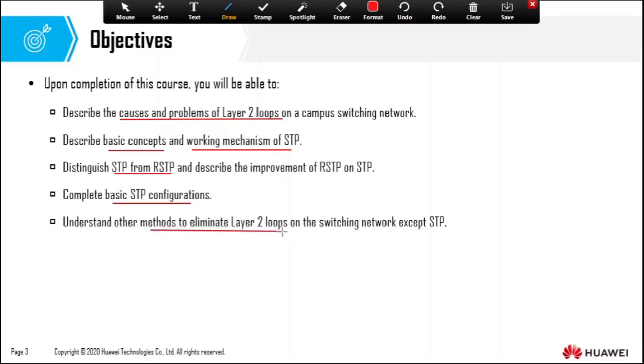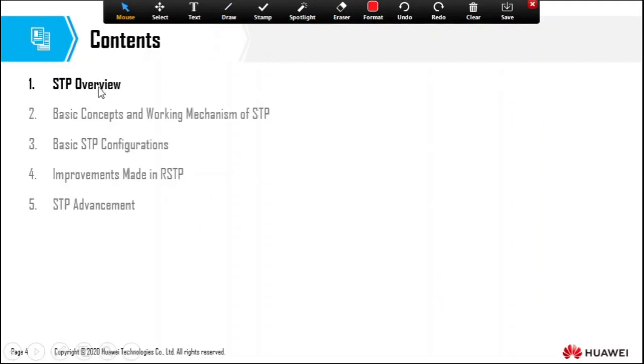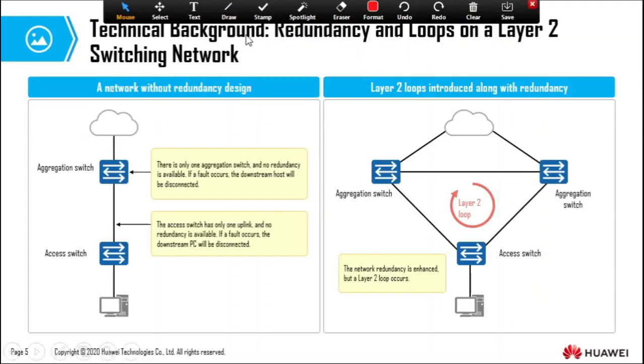Then we also look at other methods that can be used to remove loops from our networks while still ensuring that we have redundancy in order to improve network reliability. So let's begin with an overview of STP.